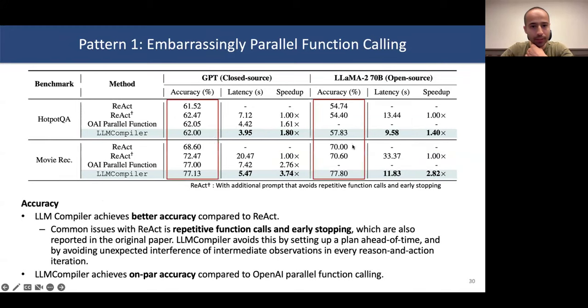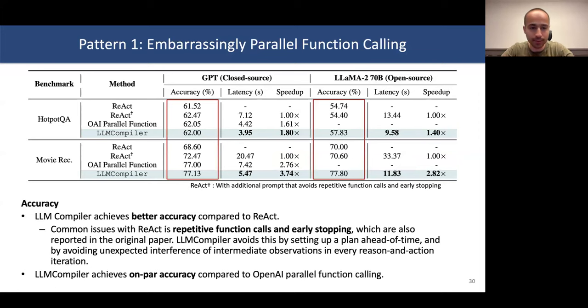But then interestingly, you see that the accuracy will also increase significantly when you're using this kind of LLM compiler approach, because ReAct gets confused with intermediate results that come from the first function call. So you first make an observation. That observation may include some data, and the LLM may actually prematurely stop execution and come up with the wrong answer.